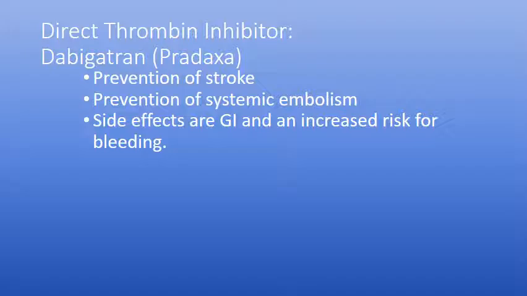I know we talked about the arrhythmias earlier in this lecture, but this, along with other anticoagulants, is used for that treatment. This drug directly prevents the clot from forming in the body, and the side effects that occur are GI in nature and an increased risk for bleeding.